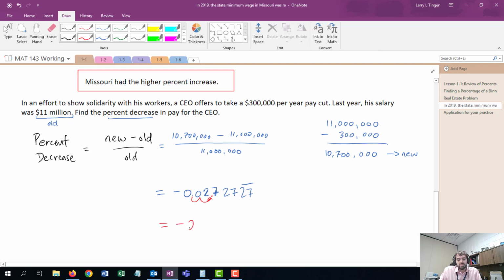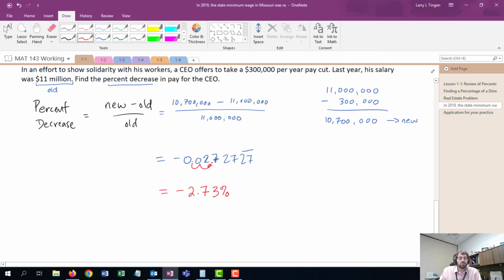So I'm looking at negative 2.7, and then I'm going to round to two places. So I'm looking at this 2. Does it stay a 2 or become a 3? This becomes a 3 because the number to the right is 5 or more. Okay. And there's my answer. I have a percent decrease of 2.73%.